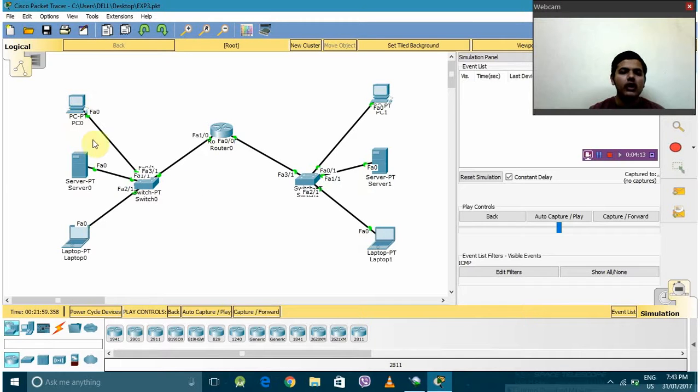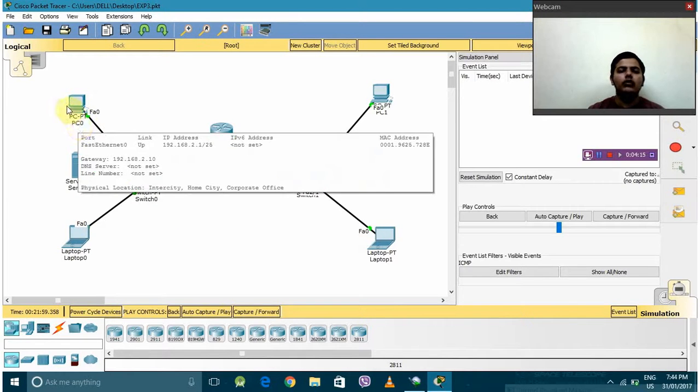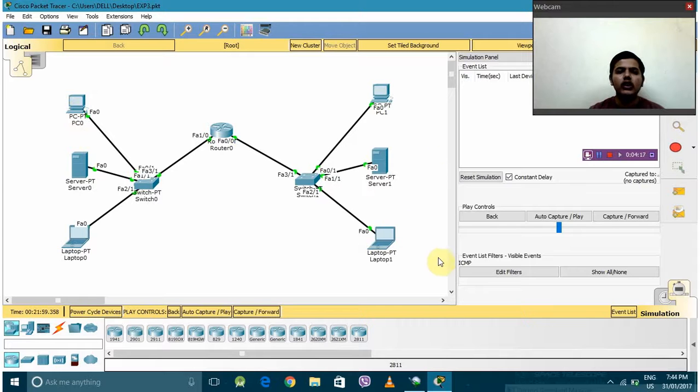But whenever we are simulating a packet from one network to another, this device gives the packet to the default gateway, and then the default gateway takes care of it and makes sure that it reaches the IP address given, followed by the ping command.